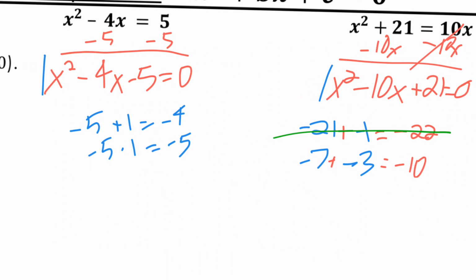Once you identify the factors of the a times c term that add up to the b term, you can go ahead and factor it. When you factor it, you put it in binomials, where it'll say x plus a number in parentheses or x minus a number in parentheses.